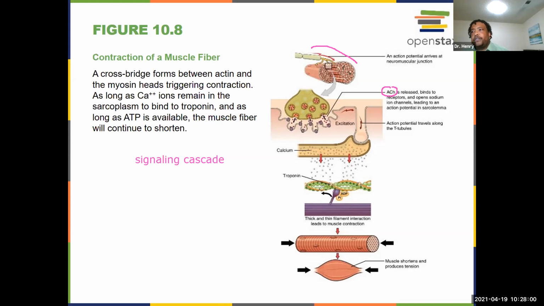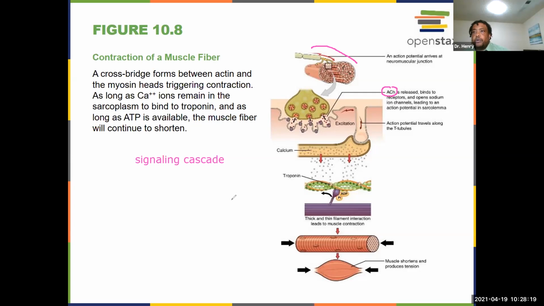Then that's going to cause troponin, the polymerization of your actin chain. Your myosin is going to then start binding to the actin chain. As long as there's ATP, your myosin is going to move along that chain to lead to muscle contraction.